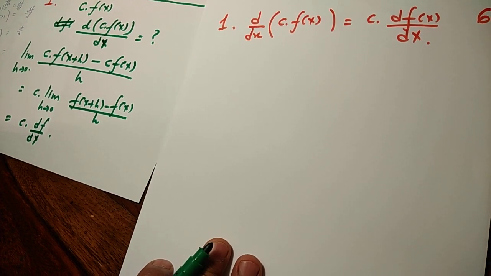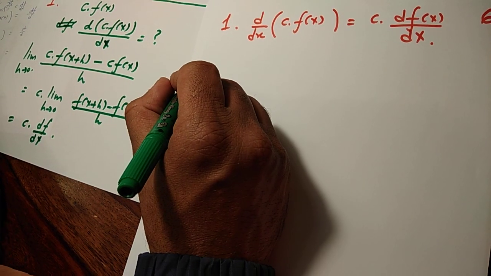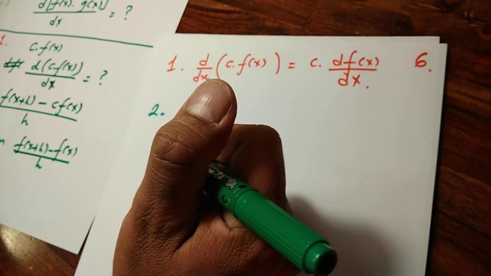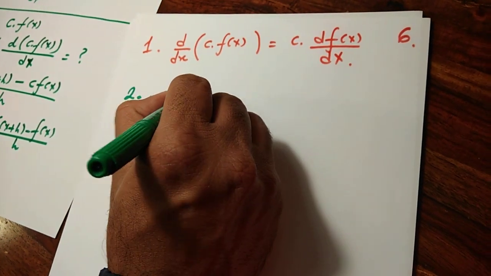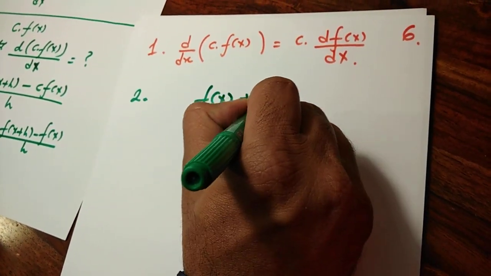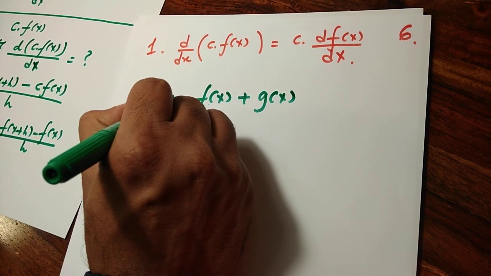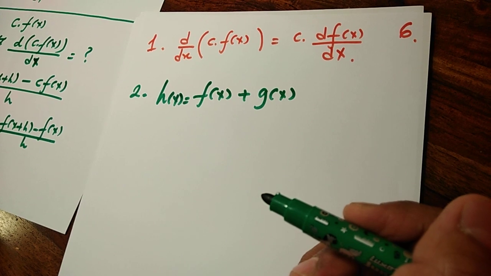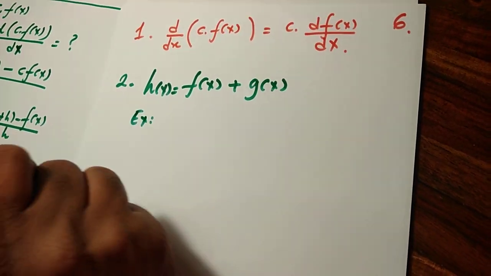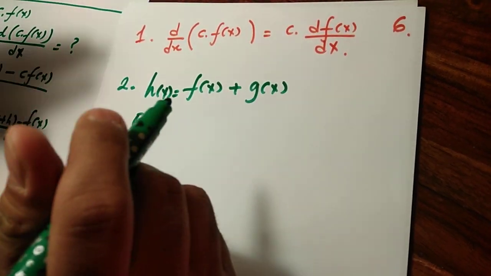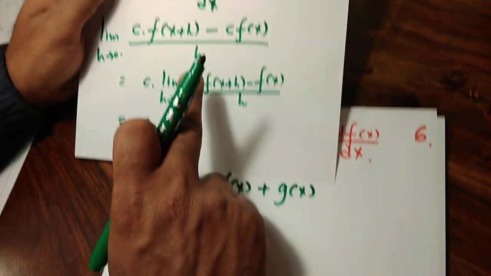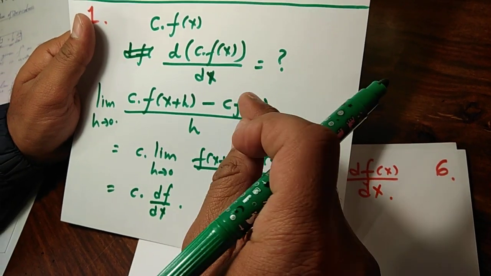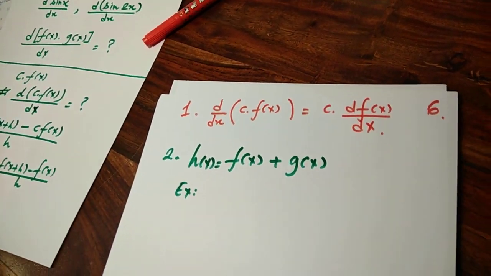Let me talk about this. If I have the function f of x plus g of x, let's say this is h. How about the derivative of this? This is an exercise for you; I'm not going to do it. It's fairly trivial. All you need to do is use the definition of a derivative and arrive at the following.